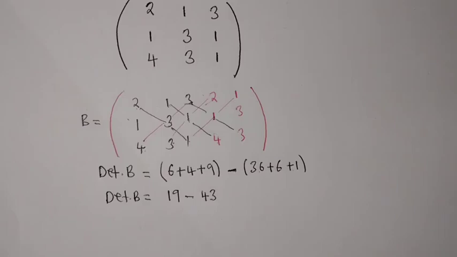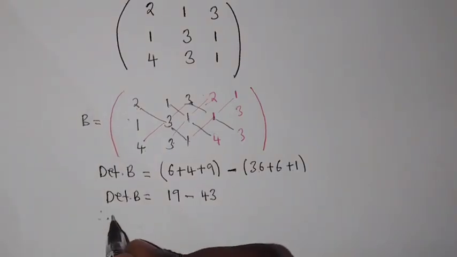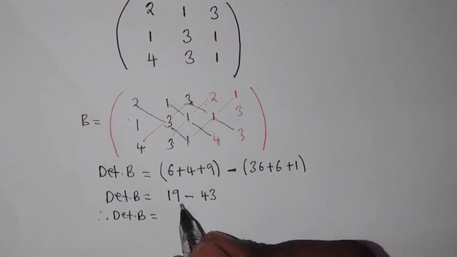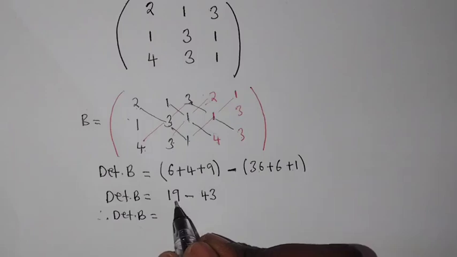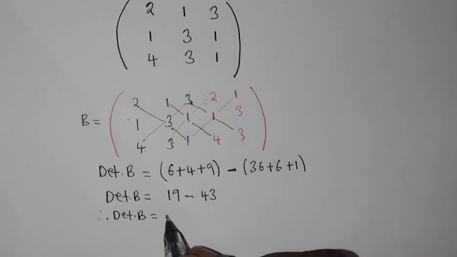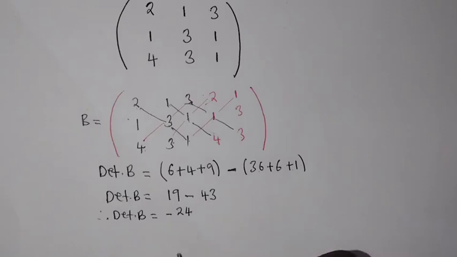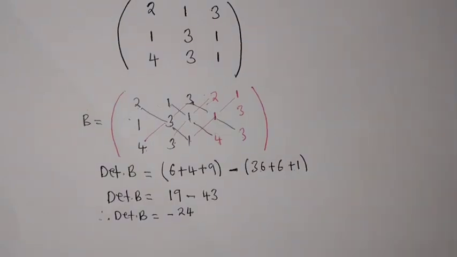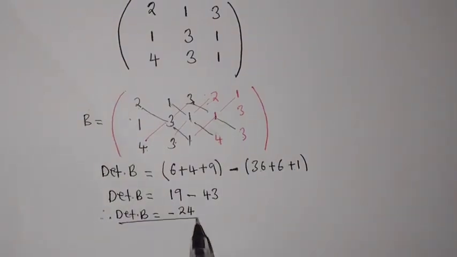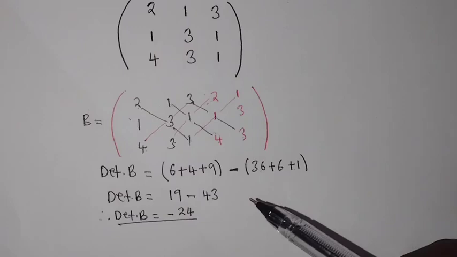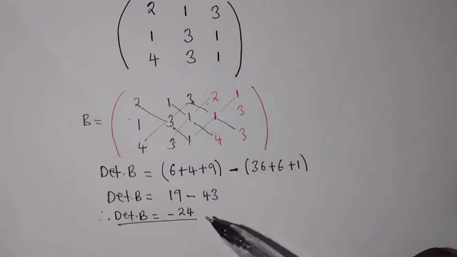So this is what you get. We can say therefore determinant of matrix B is equal to, so let us just subtract 19, take away 43. So this will give us a negative 24. Okay, so this is our determinant. So you can use this method if you want to find the determinant of a 3 by 3 matrix. Let us now look at the other method.